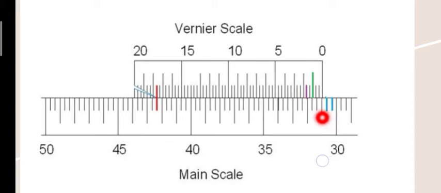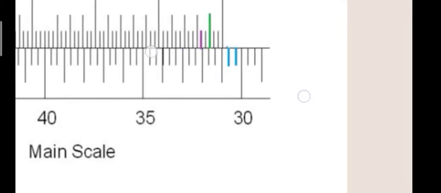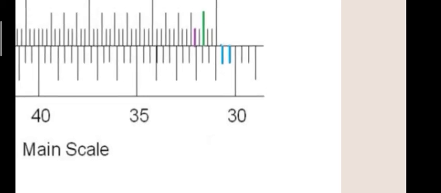Again at 60 minutes, it converts into a degree, so it goes to 31 degrees. Understood? Now see where the zero line is bisecting the lower plate, the main scale. If you see this image clearly, it is not coinciding with the 31.